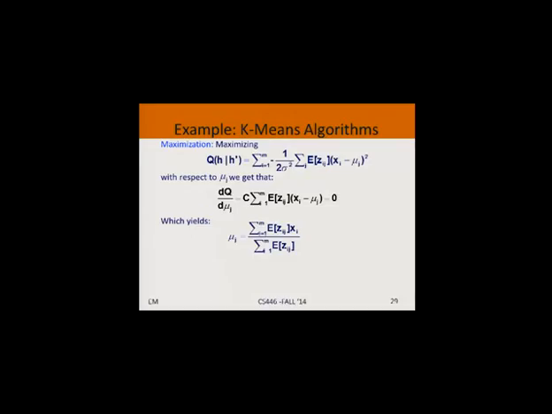You basically want to count how many points came from this, divide by the total number of points, and so on. The only thing we're doing here is generalizing it to the fractional case, where only parts of each example came from j, and the rest came from others. Is this clear?